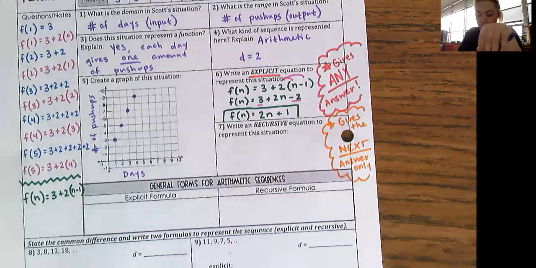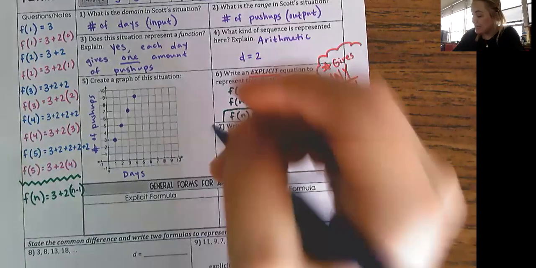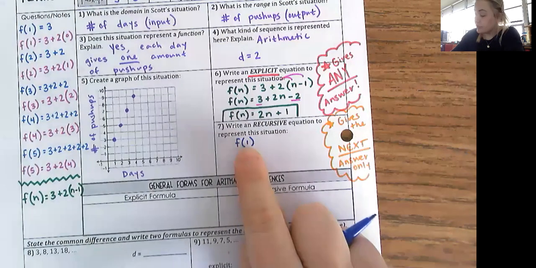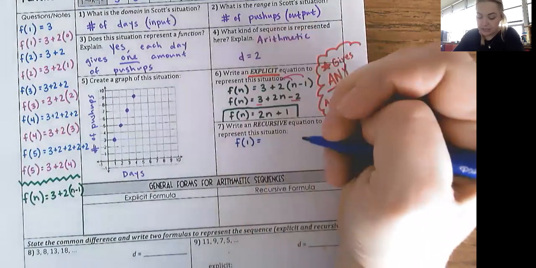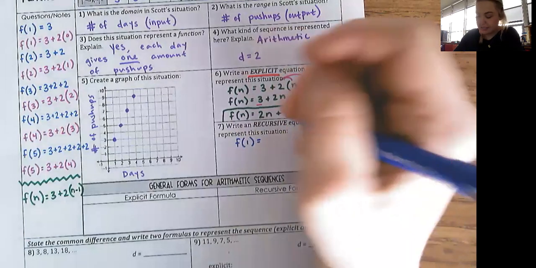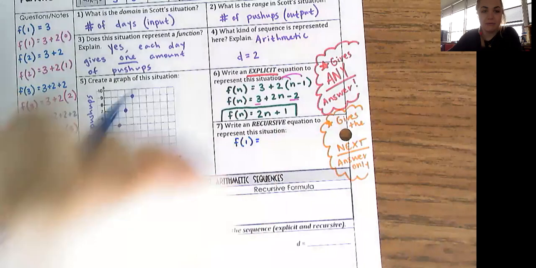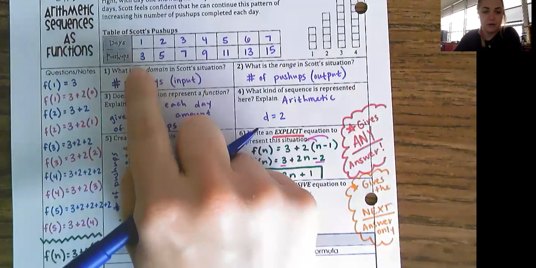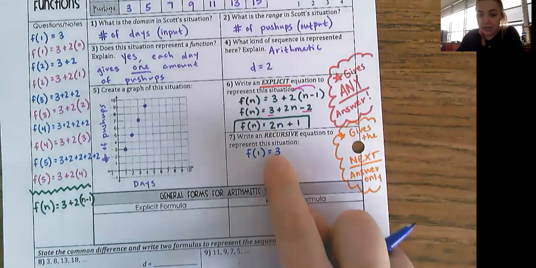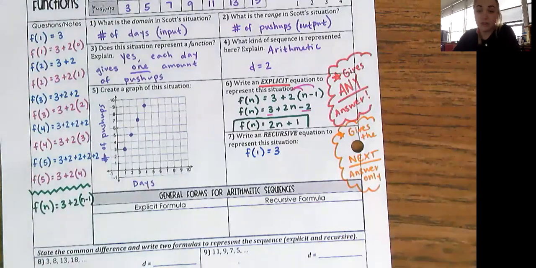So here's how recursive works. You have to know the first number in the entire sequence. That is written like this, the first number. So you would say the first number is equal to, let's say on this one, what was the first number? How many push-ups did Scott do day 1? 3. Okay, so we would say the first number is 3, and then you'd have to tell the person what the rule is.